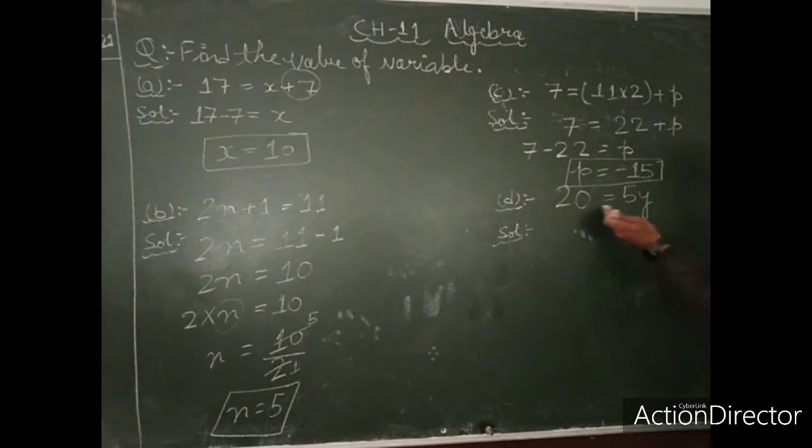Now D part, 20 equal to 5y. So here, in the middle of these two, the constant and the variable, there is a multiplication symbol. Now 5 is in multiplication with y, so when it goes to the other side of the equal, the multiplication symbol changes into divide. 5 divides 20 in 4 times, 5 fours are 20, and here we get y equal to 4.